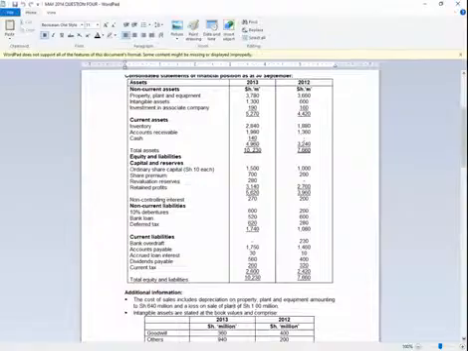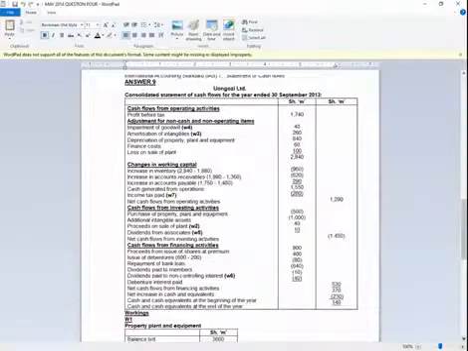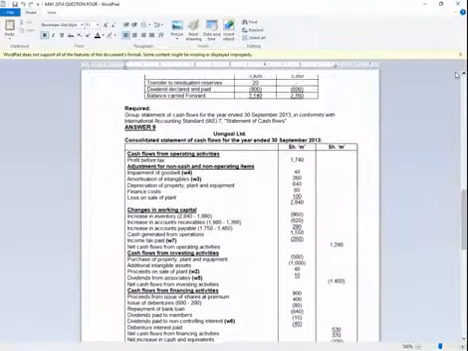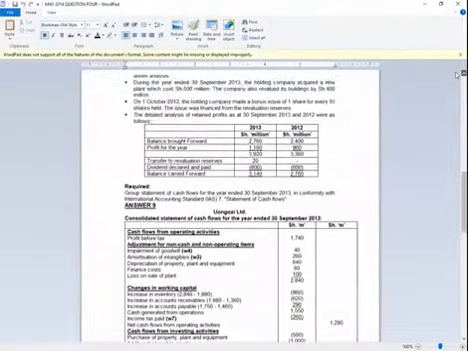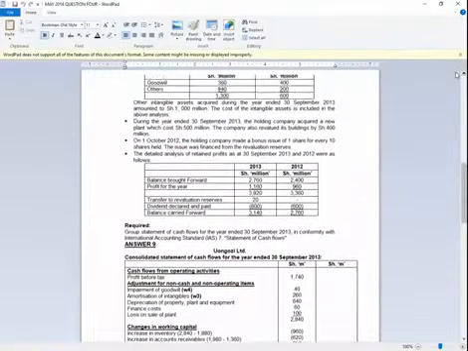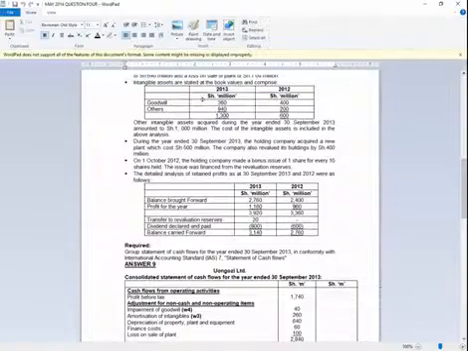Intangible assets are stated as follows. I can see goodwill. In 2012, it was 400. In 2013 it was 360. Some loss there. And then I'm told here, during the year ended 30th September 2013, the holding company acquired a new plant which cost 500 million.